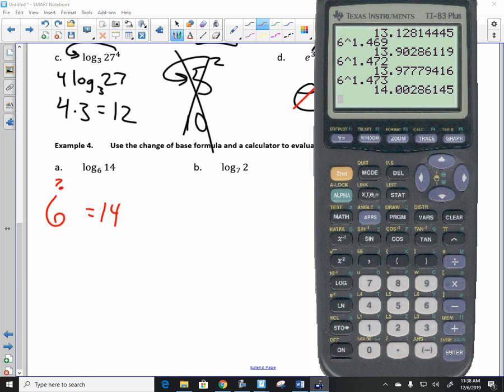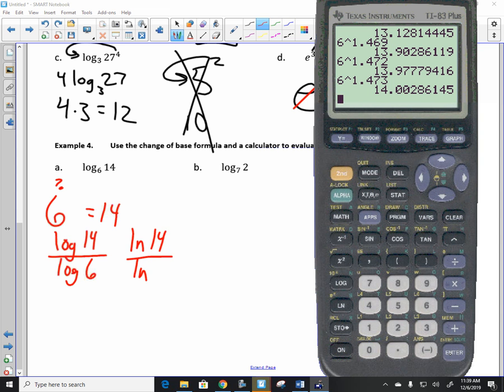Would be nice if there's a way we can do it without just guessing. You use a change of base. You do the log of 14 divided by the log of 6. This is important that you see this here. What's the base? 6. What did I change the base to? 10. So our calculator has buttons where we have log base 10. It also has buttons where we have log base e.